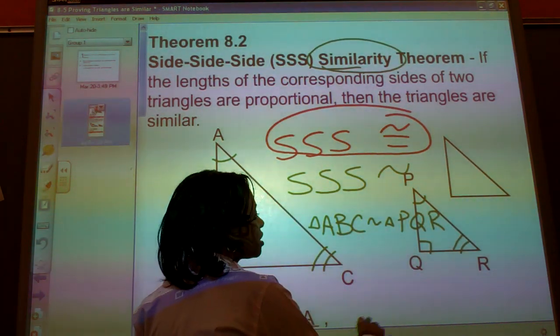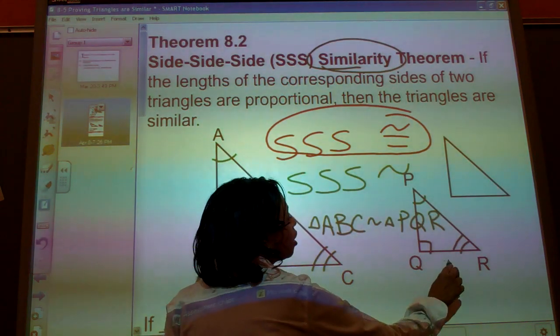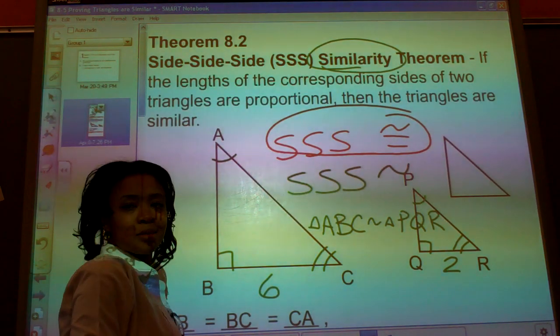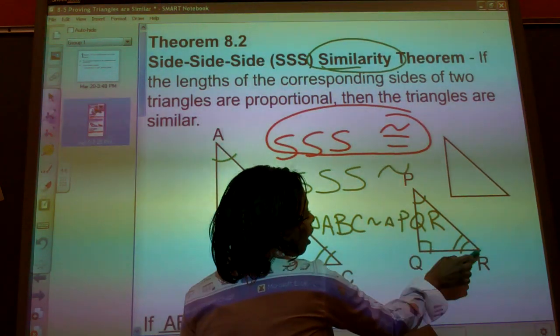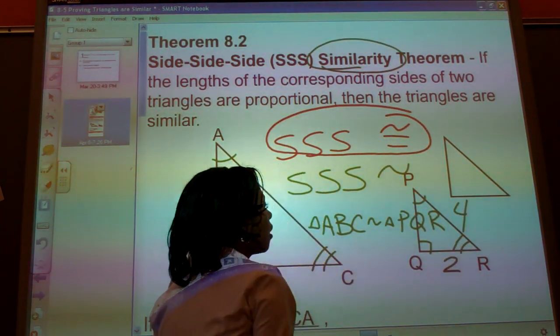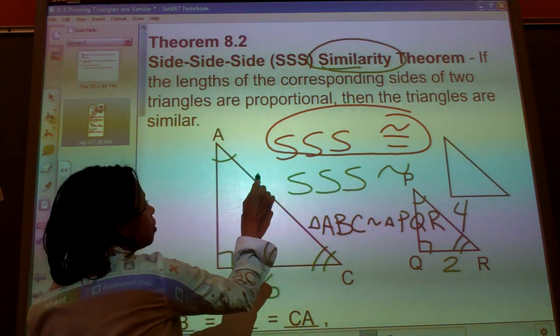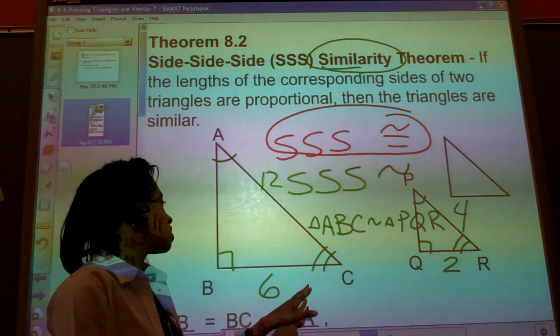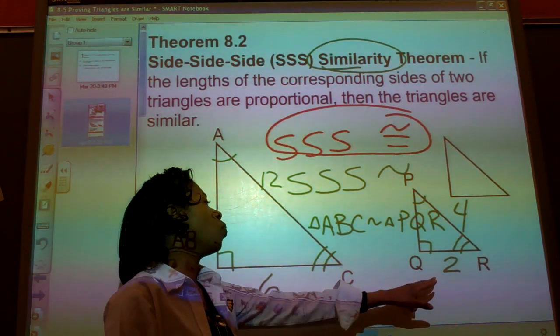So whereas QR might be 2, BC might be 6. Where PR is 4, that means that AC would be what? 12. Because we see that the ratio is going to be 1:3.